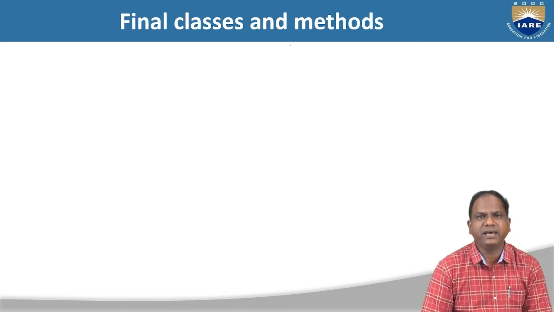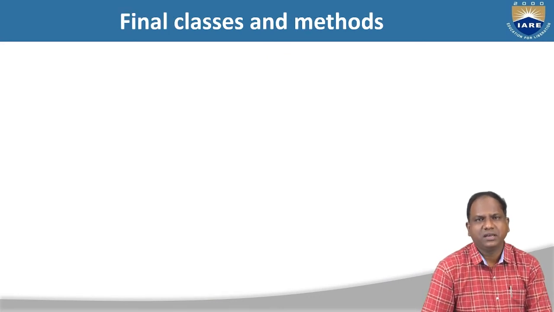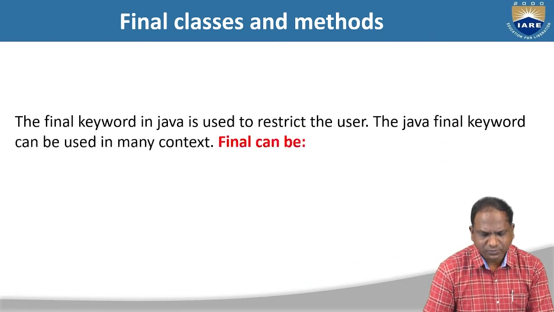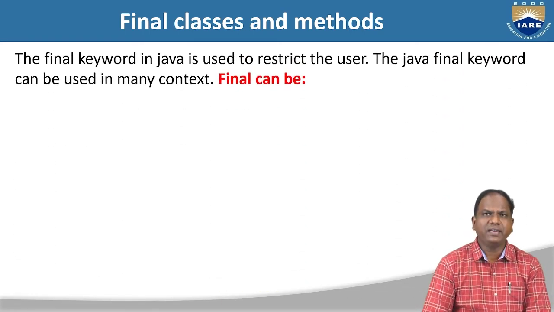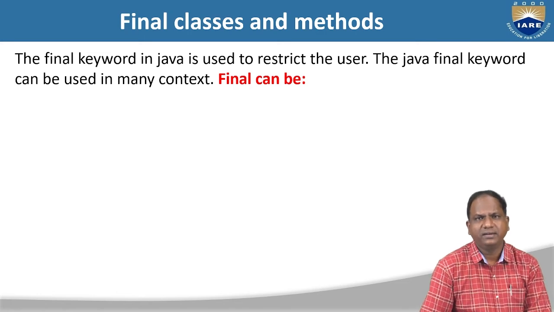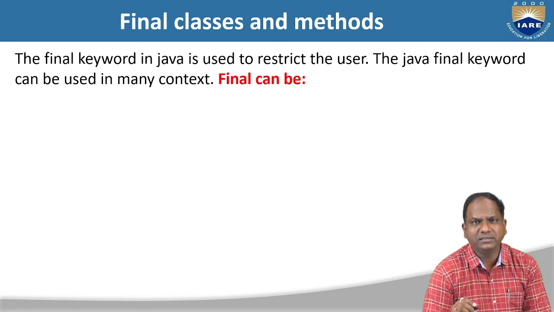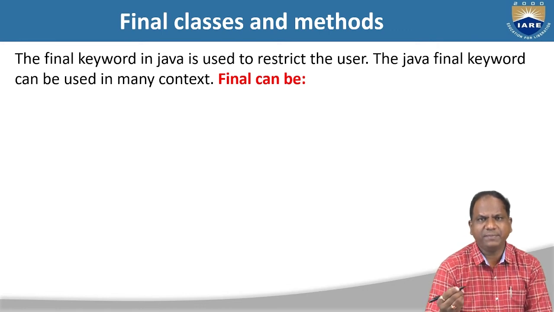Then there are some special classes called final class or final method. The final keyword is used for three purposes. Final is a keyword in Java. If you want to restrict the user, then use the final keyword. The final keyword can be used in various contexts, in three places.